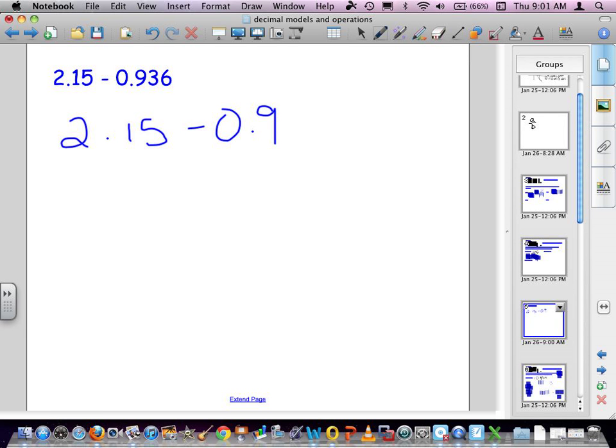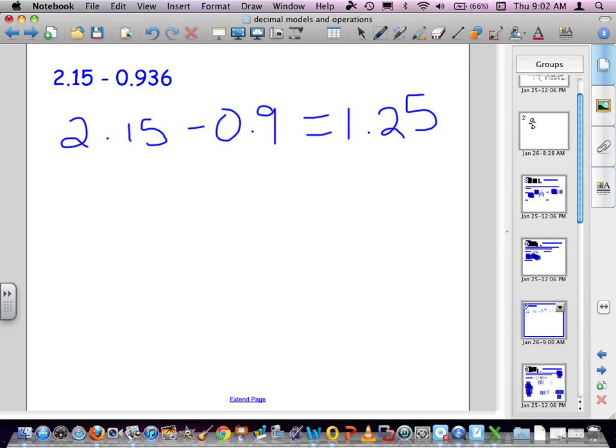How did you get that? Take 9 tenths from 21 tenths, okay, and you get 11 tenths and 5 hundredths.